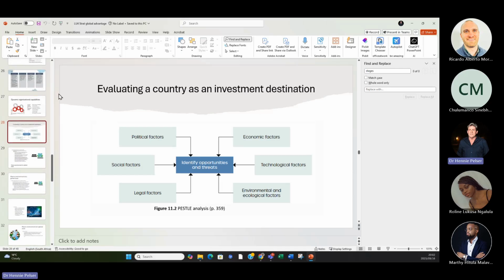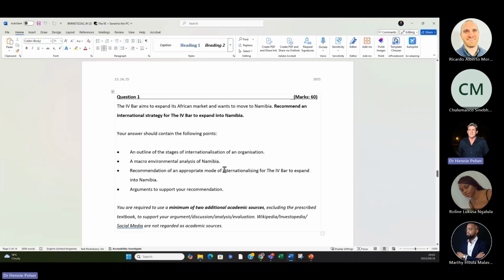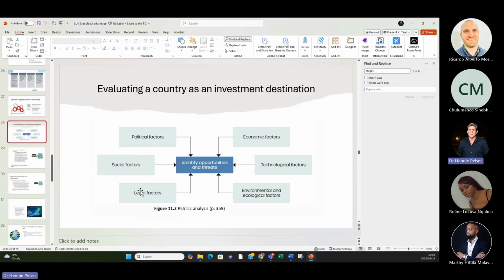So in terms of what we're going to look at from a Namibia perspective, in terms of the analysis, in completing this, please just give me a short theoretical description of each of those, and we'll talk about that.